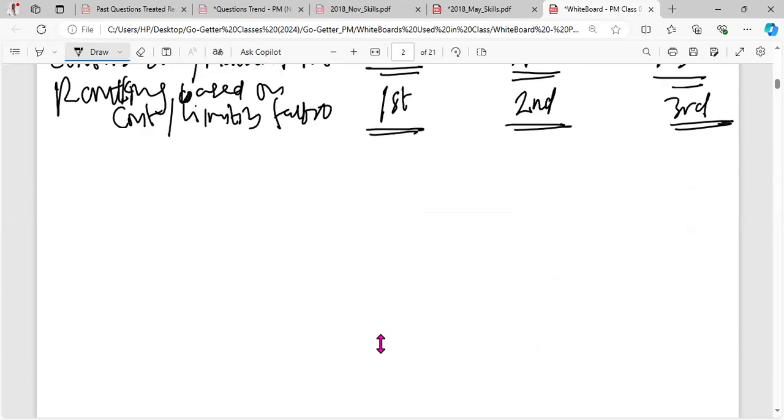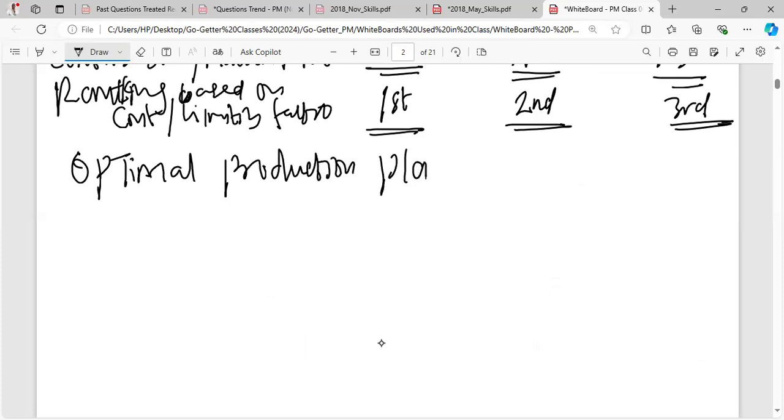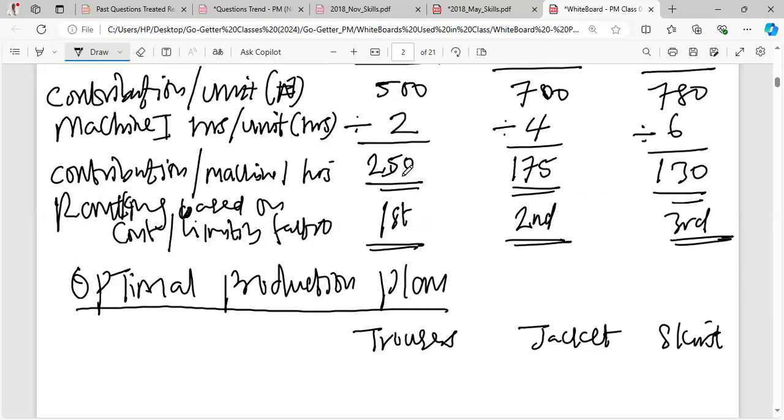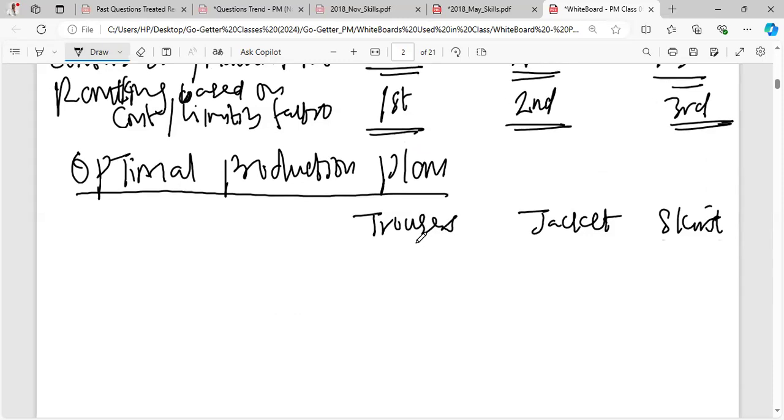So what you will now do here is the optimal production plan. You will bring your trousers, jackets, and skirts.